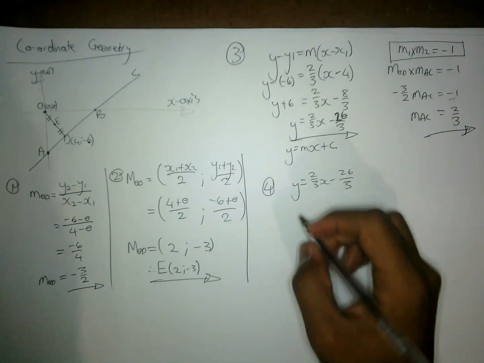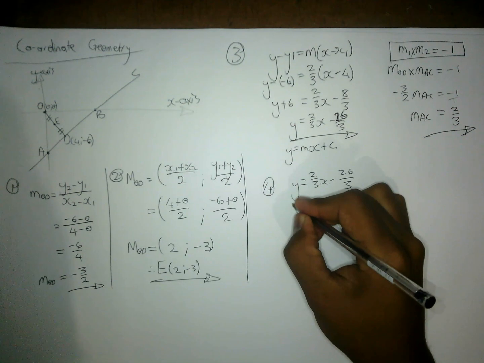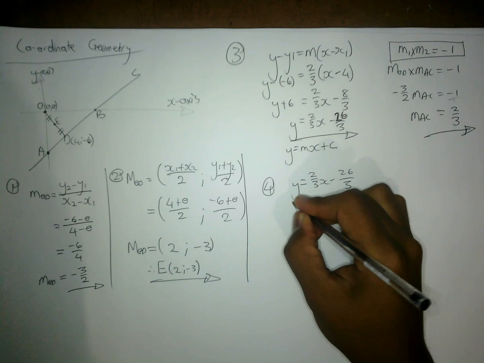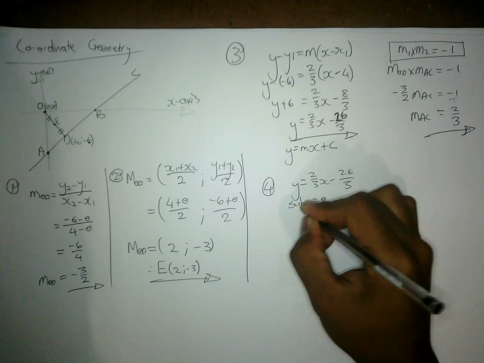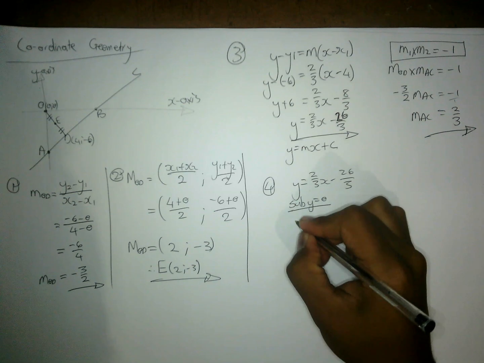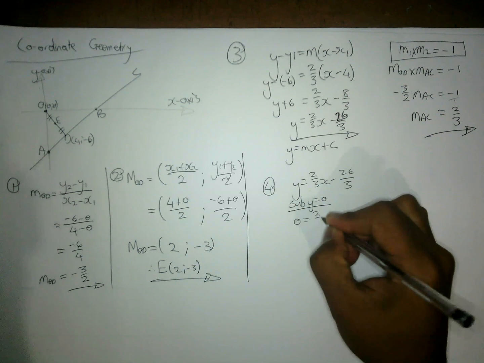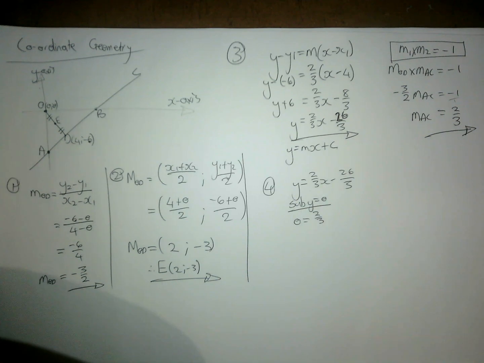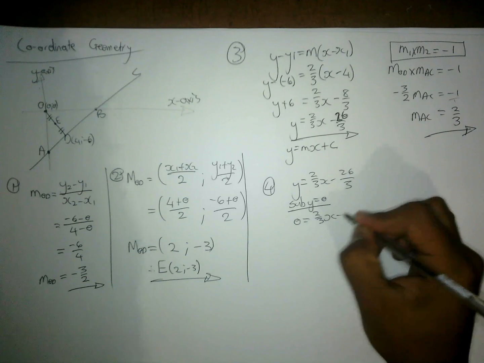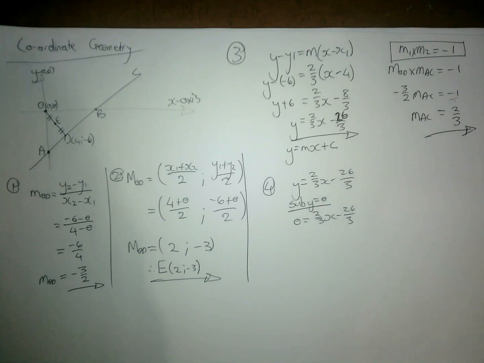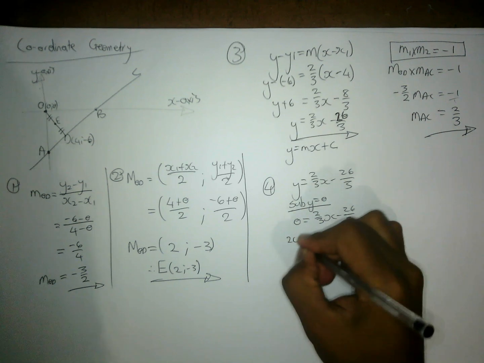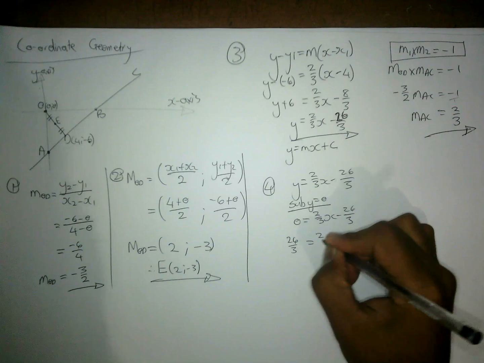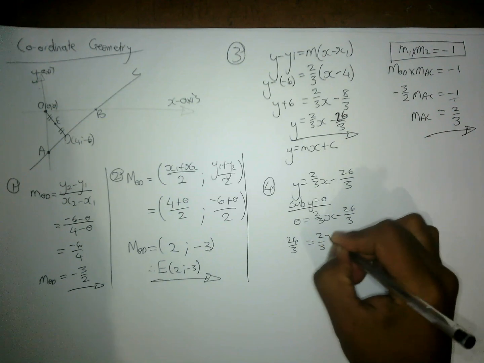So all we can do is substitute y equals 0. So 0 equals 2 over 3x minus 26 over 3. Now all we're going to do now is solve x. Take this over, 26 over 3, 2 over 3x.